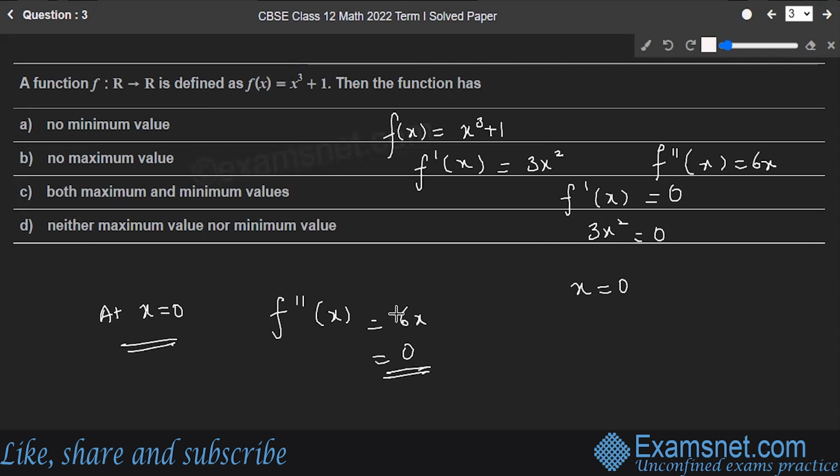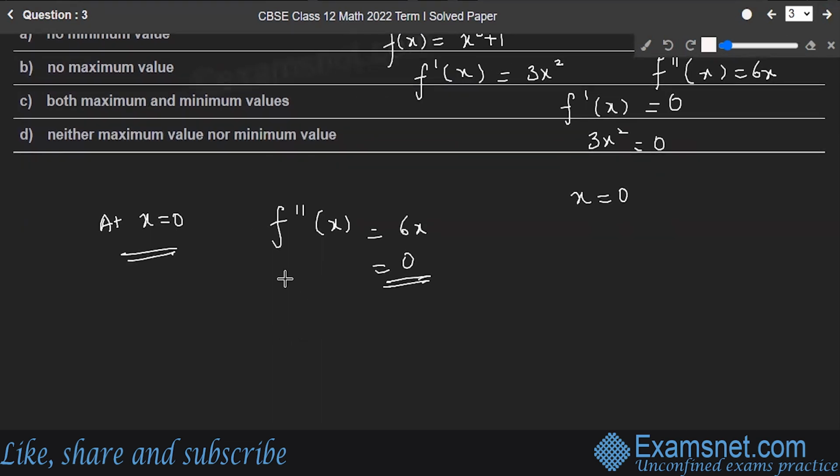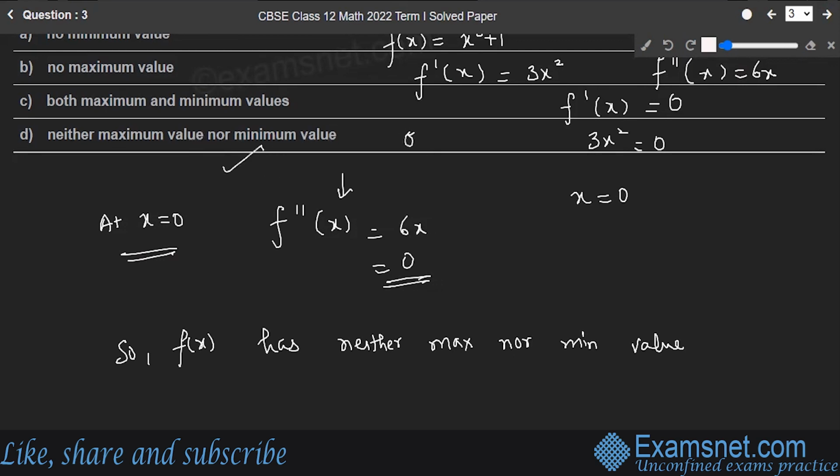Thus, f of x has neither the maximum nor the minimum value, because that depends on the second derivative. That means option D is your answer.